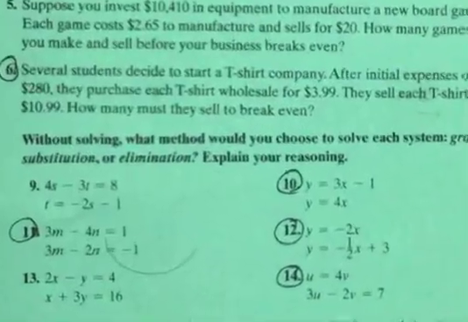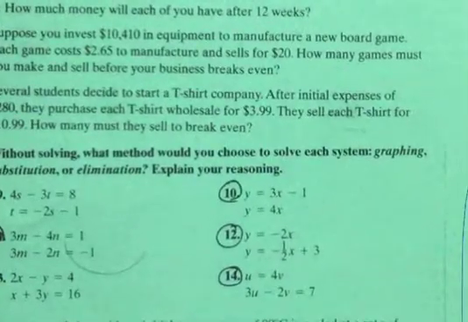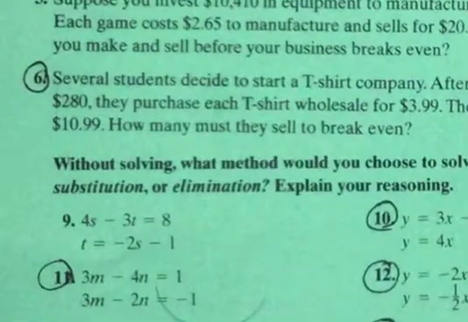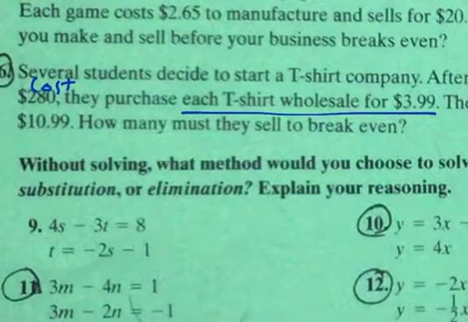Number 6. Suppose several students decide to start a t-shirt company. After the initial expense cost, they purchase each t-shirt for $3.99, so $3.99 for each t-shirt, so x.